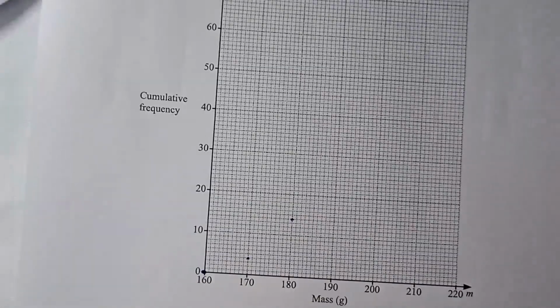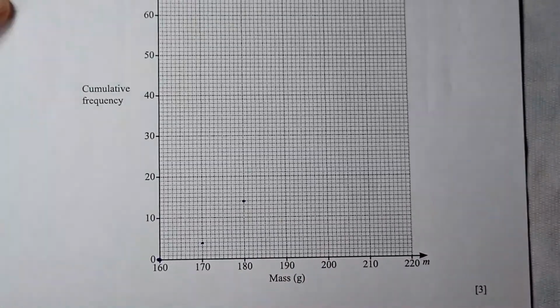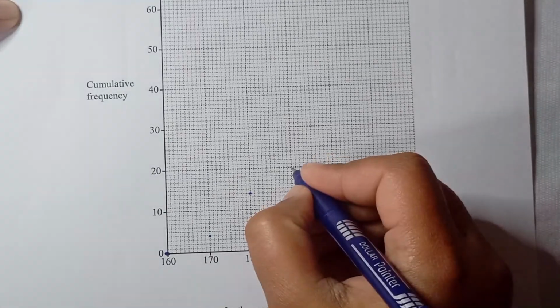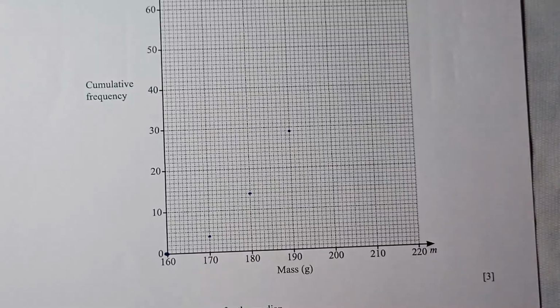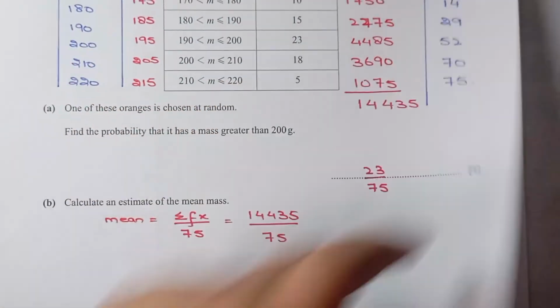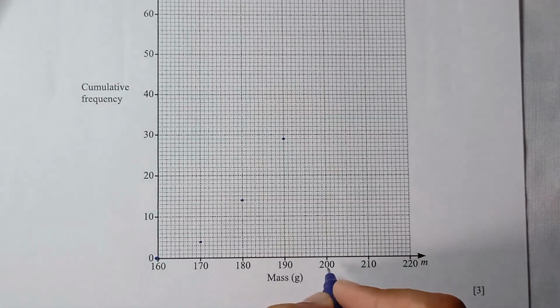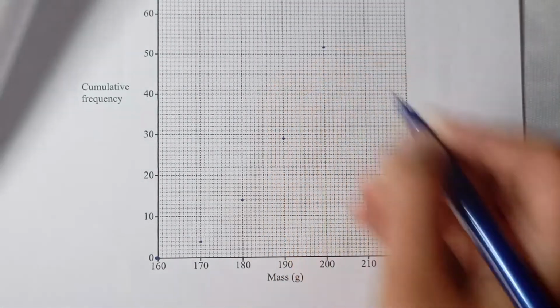Now what is for 190? For 190, we have 29. So 190 and 20 and 30 and one block below 30 would be 29. And what is for 200? For 200, we have 52. 200, 52, 50, 51, and 52.